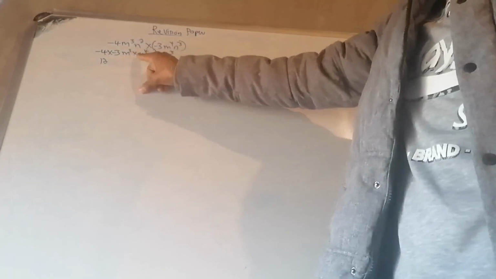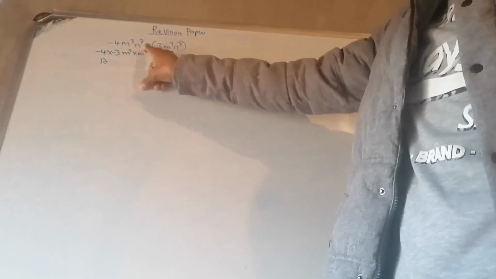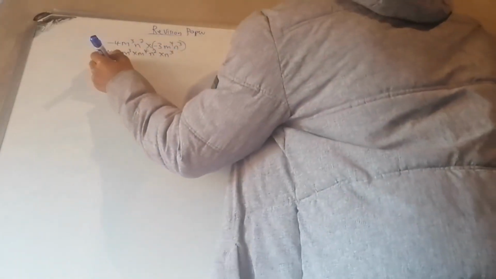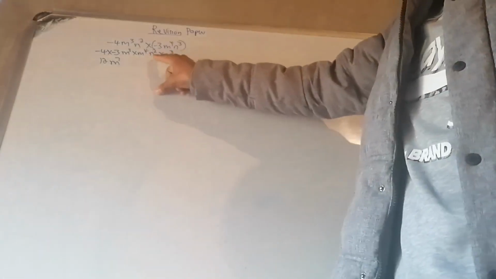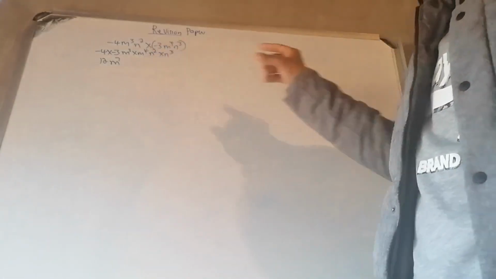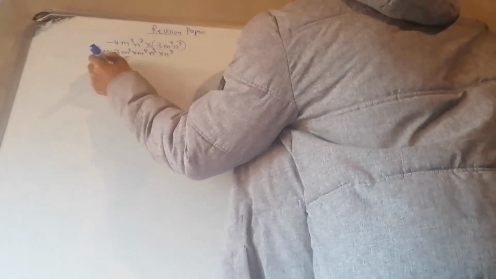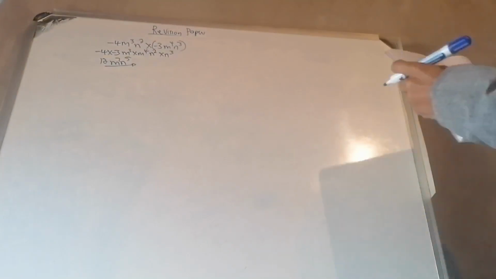When I multiply numbers of the same base, I add the exponents. So M7. And N5. Bam, and then you are done. You are completely done.